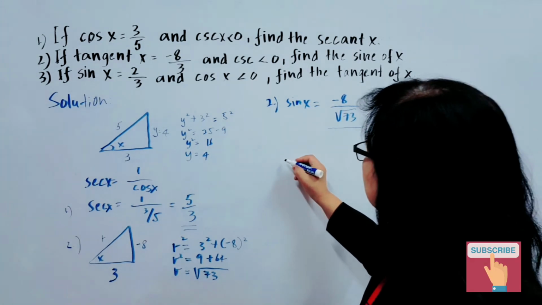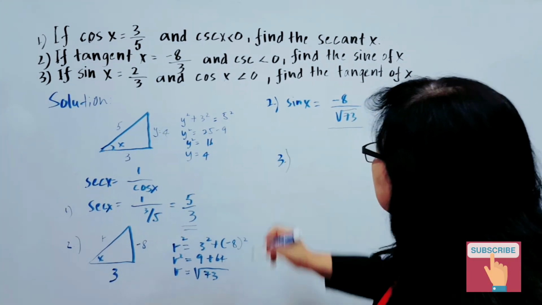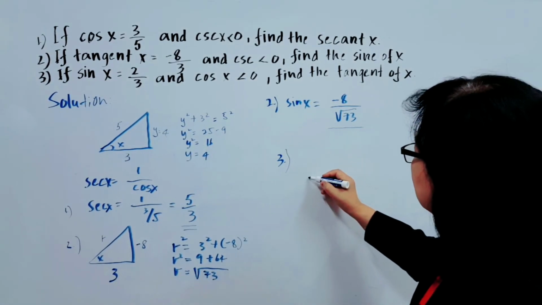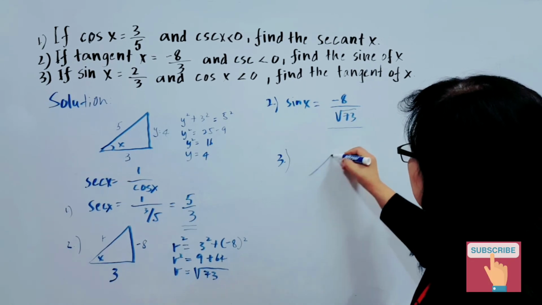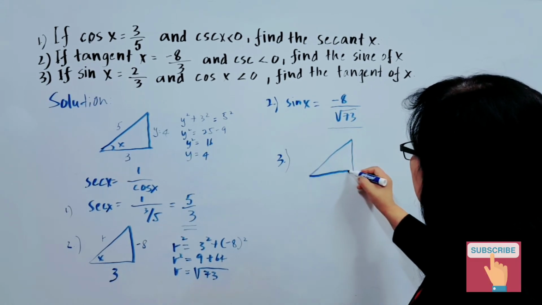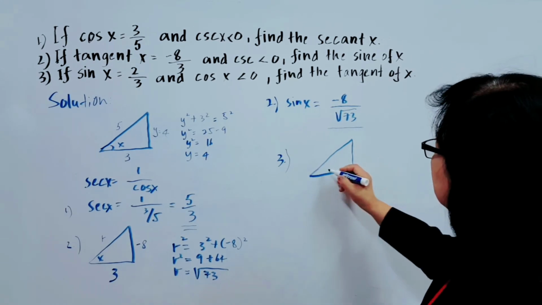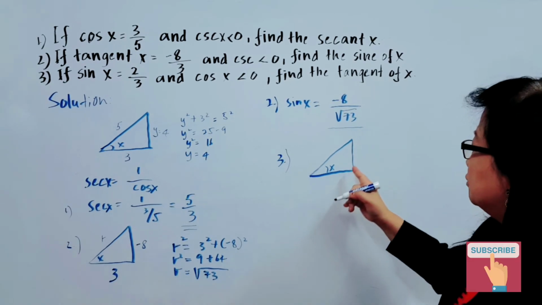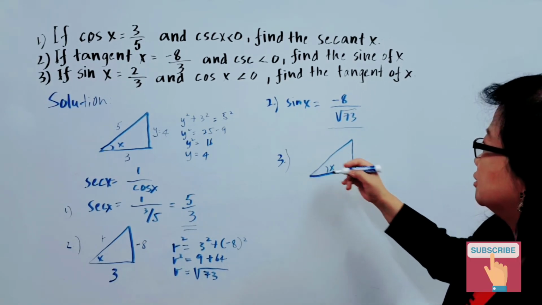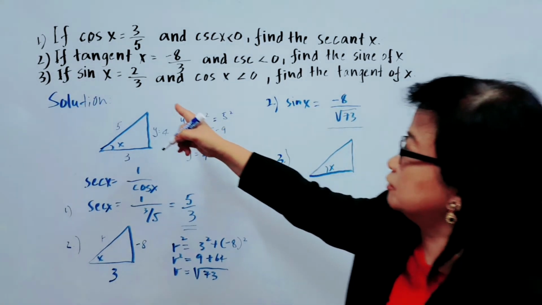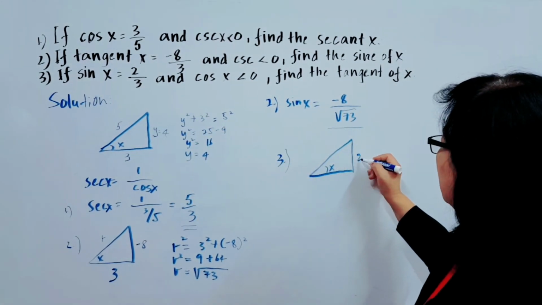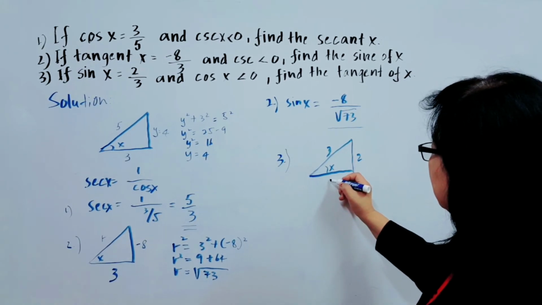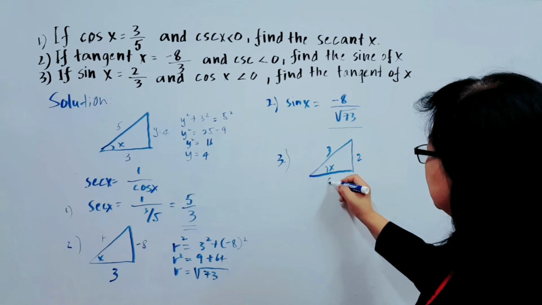Now, the third question, if sine x is equal to the opposite over the hypotenuse. So sine x is equal to 2/3, that means 2 is the opposite and this is 3. To find this side, we designate this as a.